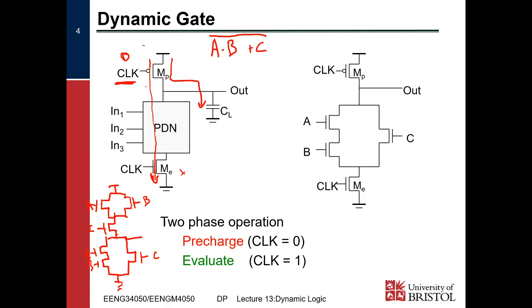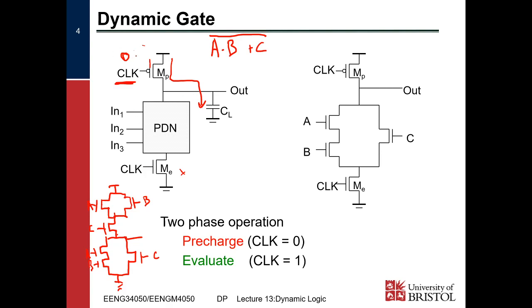So we must make sure that while this pre-charge transistor is on, even if the pull-down network is on, we cannot get a path to ground. That's why we have this transistor at the bottom here, turning off the path to ground while the pre-charge is happening.